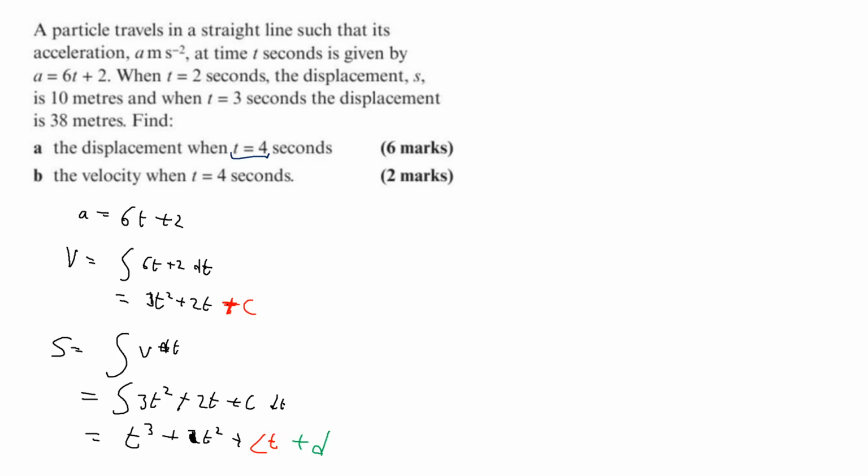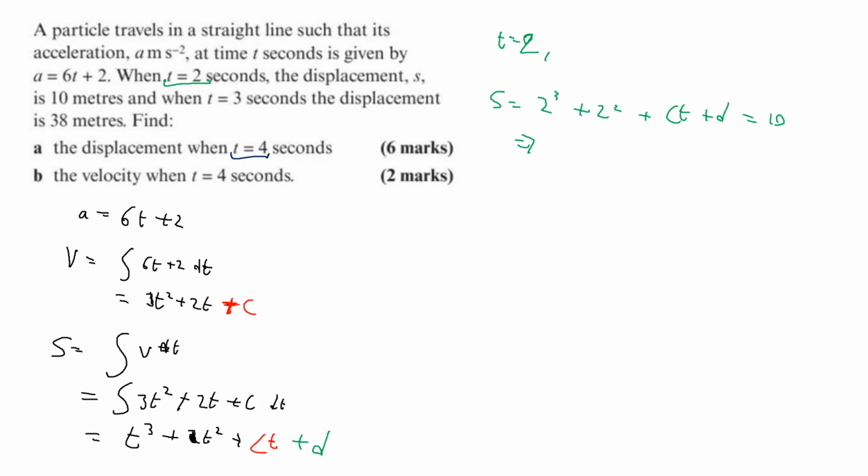Okay? Now, we're told at t equals 2, the displacement is 10. So at t equals 2, s is equal to 2 cubed plus 2 squared plus 2c plus d, which is also equal to 10.